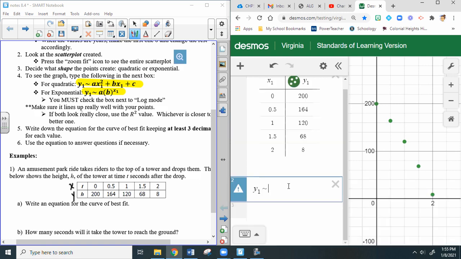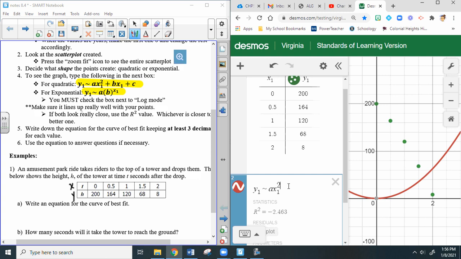All right, and then we're literally gonna type A, and then X1, and then we're gonna raise it to the second, plus B X1 plus C. Okay.